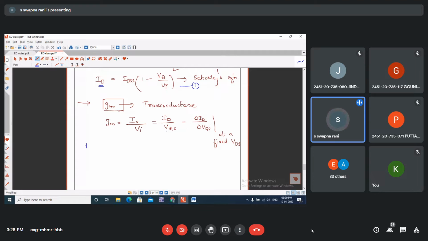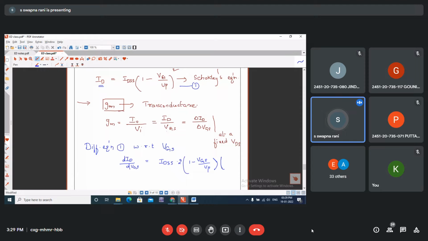So differentiating equation 1 with respect to VGS, dID by dVGS is equal to IDSS, it is a constant, into 2 into (1 minus VGS by VP).